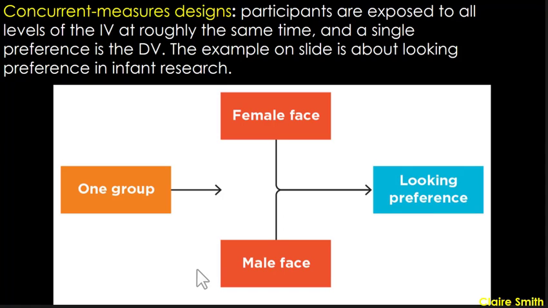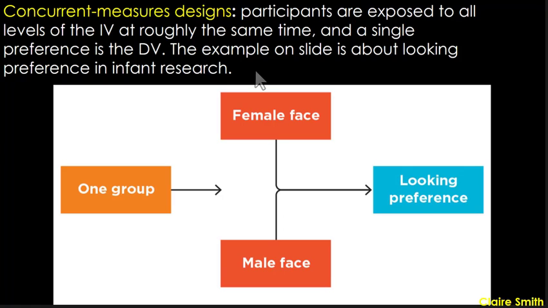The other type of design is concurrent measure design, in which participants are exposed to all of the independent variable levels, conditions, at the same time. And the dependent variable is measuring preference. So the example on this slide is looking at preference in infant research.